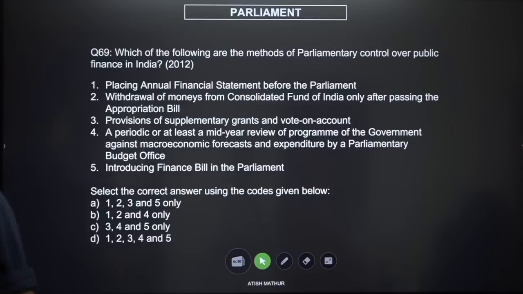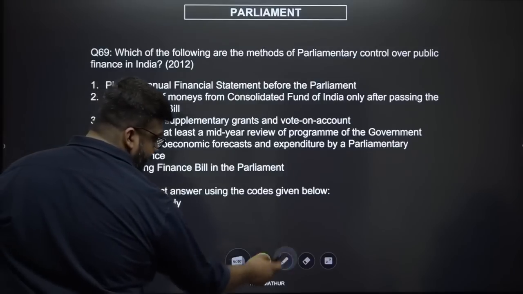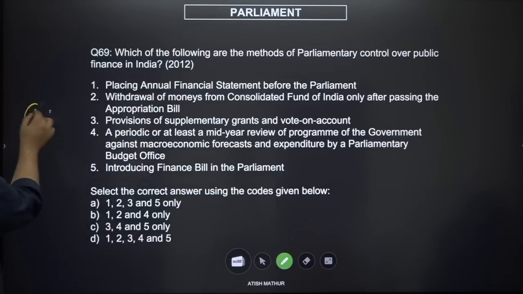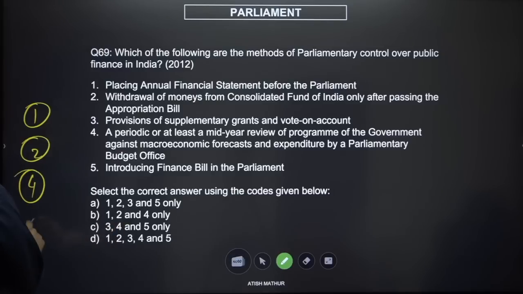Now, let us see if we can eliminate something. We've got 1, 2, 3 and 5, 1, 2 and 4, 3, 4 and 5. We've got 1, 2, 3, 4 and 5. As we can see, we've got 1 in 3 options, we've got 2 in 3 options, we've got 4 in 3 options, and we've got 5 in 3 options, right?